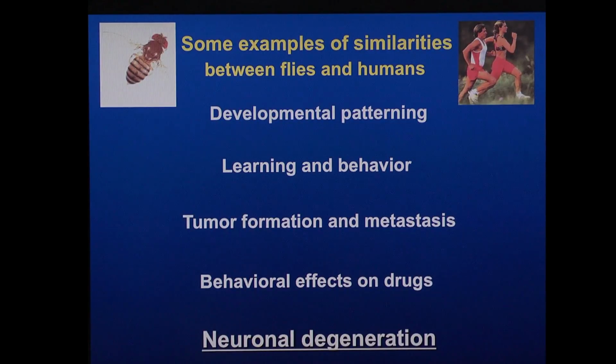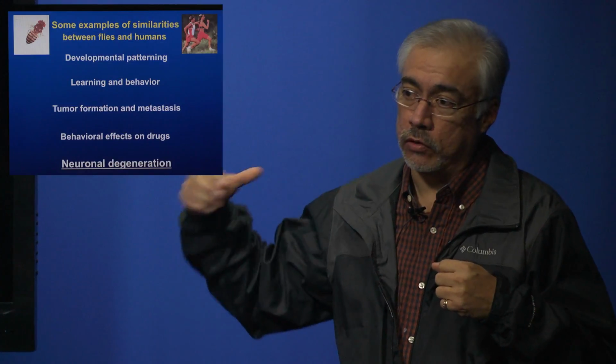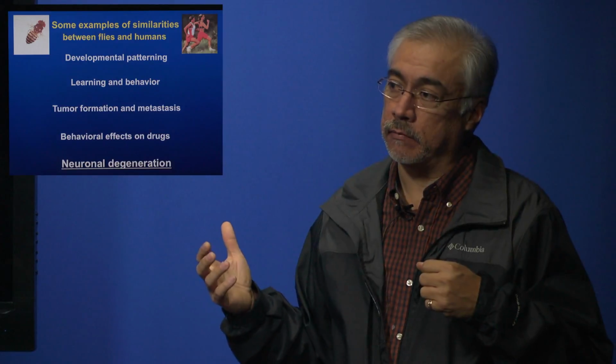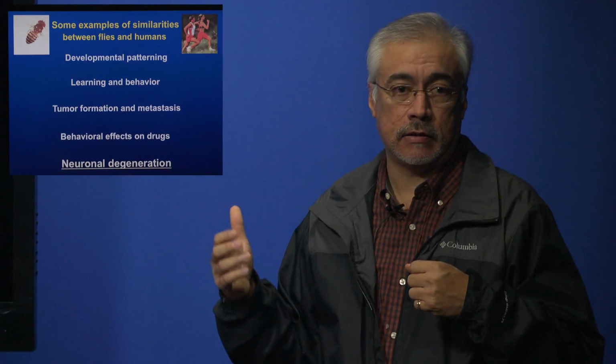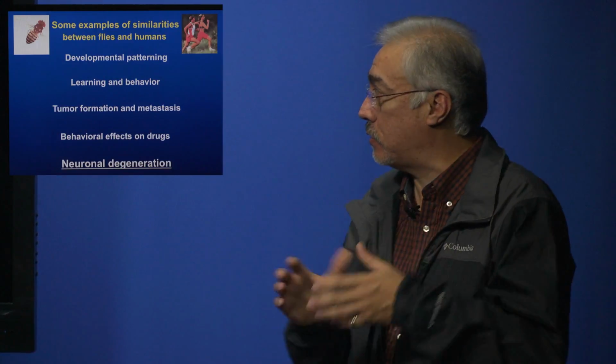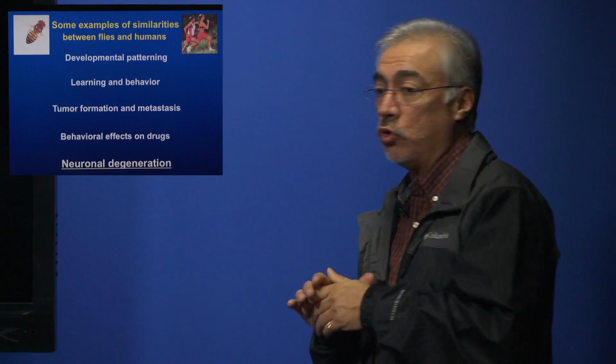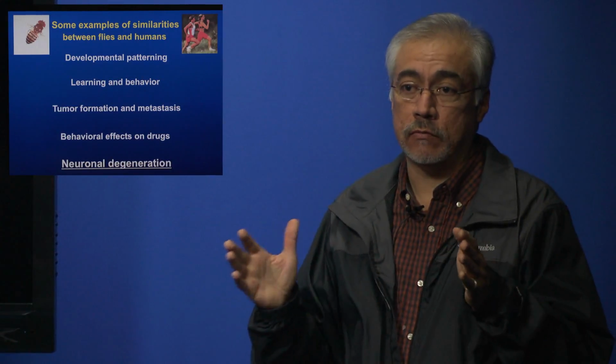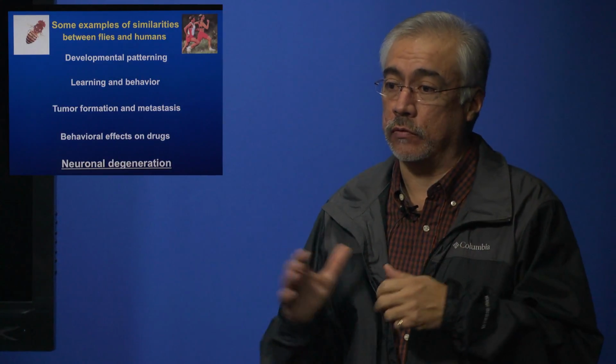The molecular blocks that regulate or orchestrate the growth of a limb, for instance, are similar in flies and in humans, and this is again due to the functional conservation during evolution, conservation of the genes.